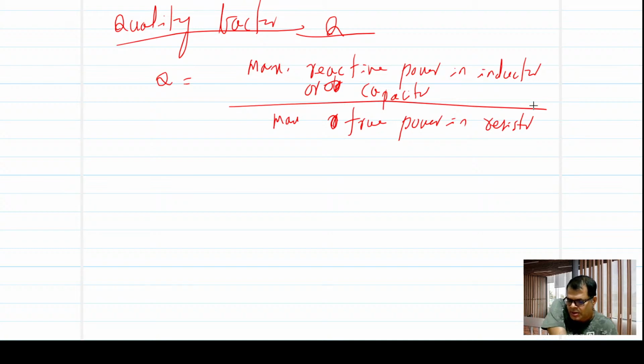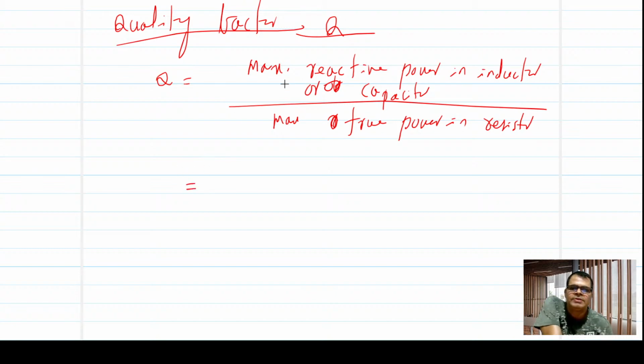Okay. So that means at resonance. Obviously, maximum reactive power will occur only at resonance. Maximum true power will occur in the resistor. At resonance only, maximum true power or maximum reactive power occurs, because voltage is maximum.